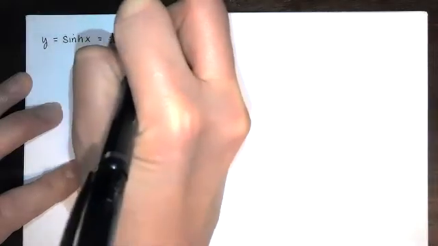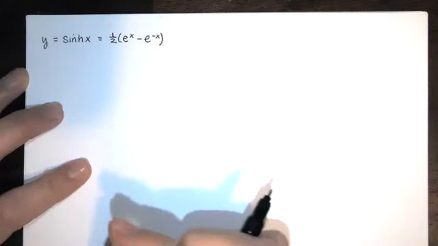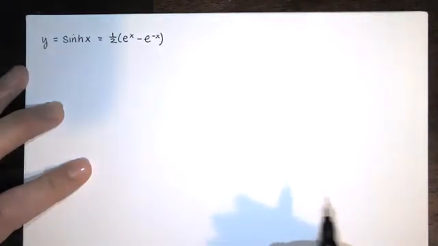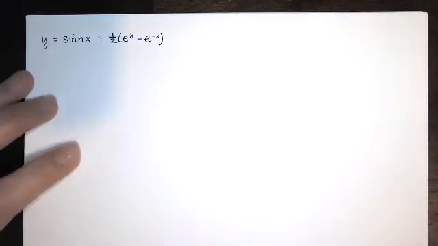If you wanted to find the inverse function for a given function, usually you just stated y equals the function that you're looking for. In our case, that's 1/2 times (e to the x minus e to the negative x). And then you would switch the roles of x and y and then solve for y.